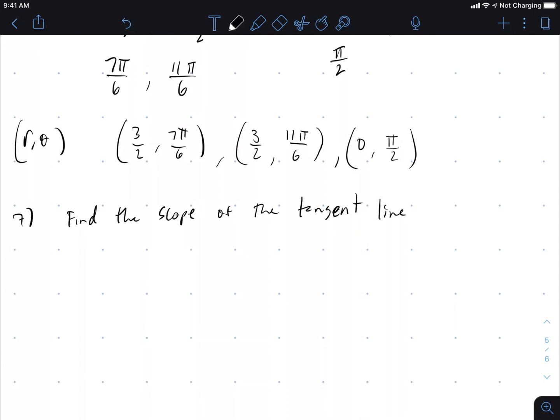I'm going to give you r is equal to 8 minus sine theta, and theta is pi over 3. So why don't you guys try that, and then I'll do it. See if you can do it.